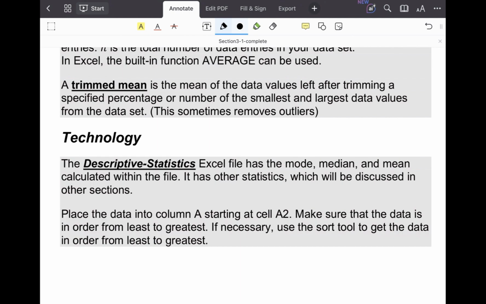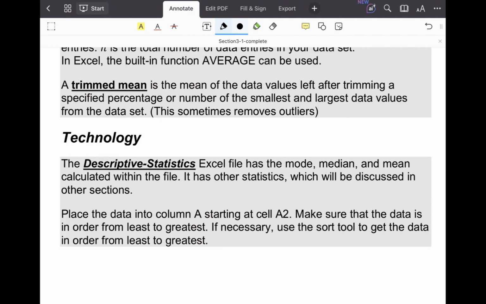So yeah, I put instructions here. The descriptive statistics file will not only give us these measures of the central tendency, but it'll give us other measures as well. We're going to talk about measures of variation in 3.1. It'll give us those measures, and then it'll give us some of the measures in the later part of chapter 3 as well.